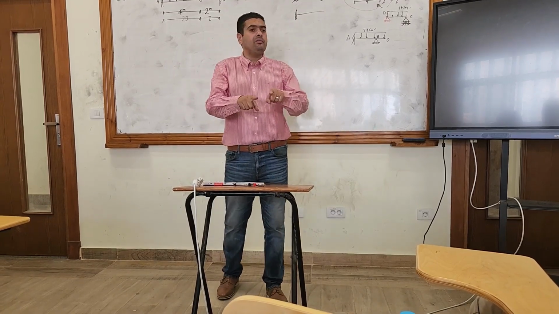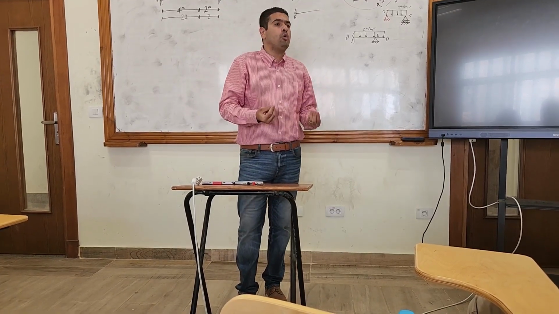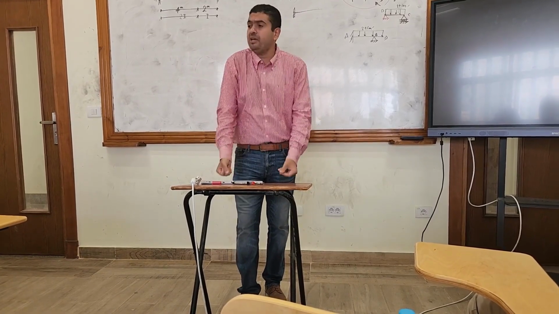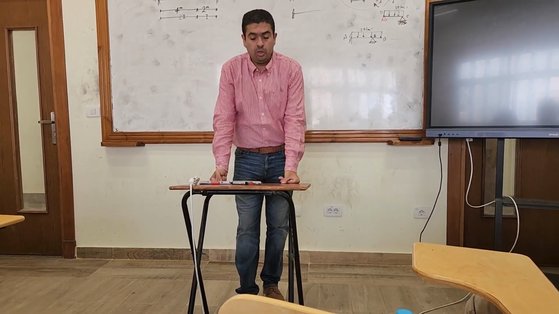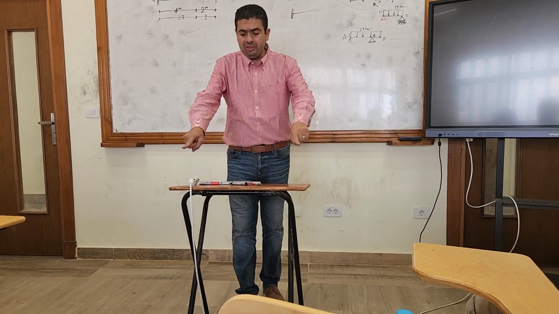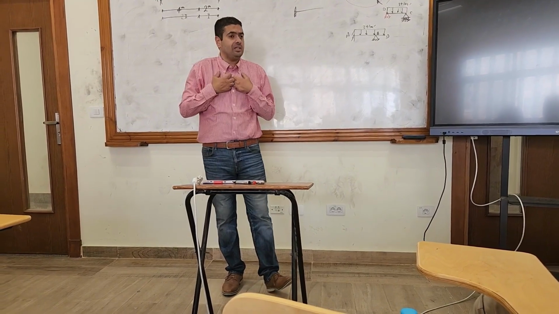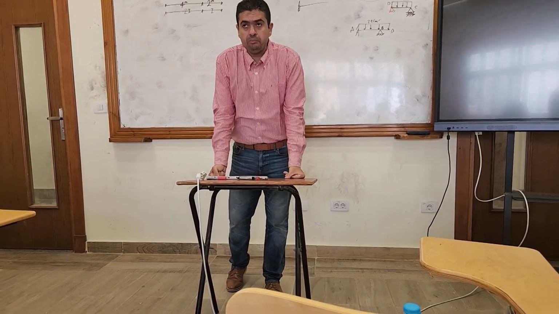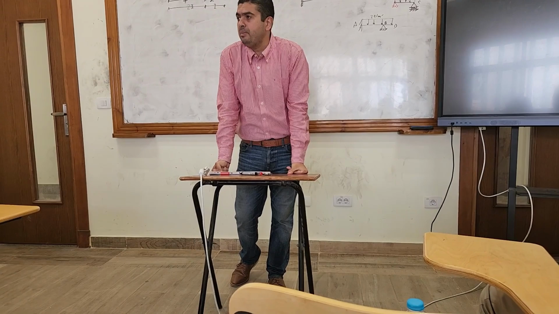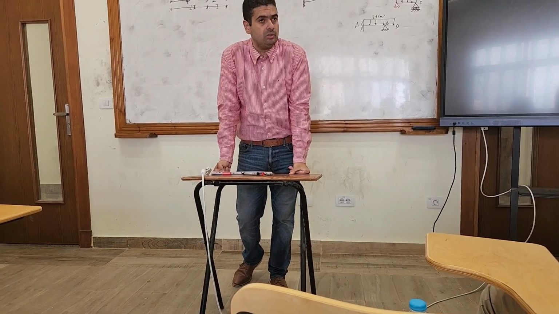Can I solve the table without knowing how much load I give to it? No. So now the table is the main beam, and I am the secondary beam. I am giving my load to the main beam, the stable part, right?